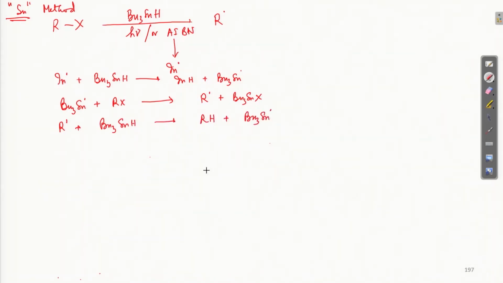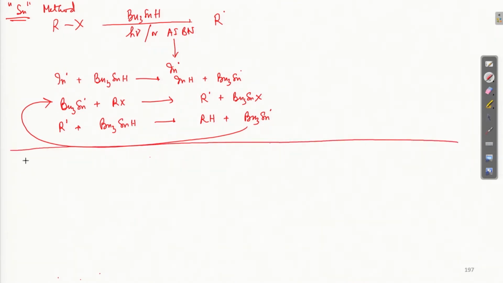Okay. And this Bu3Sn dot then carries out the reaction and the chain propagation happens. Now, this is the mechanism of tin hydride. So, that is the tin method.